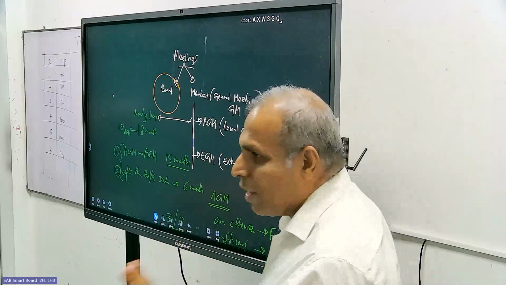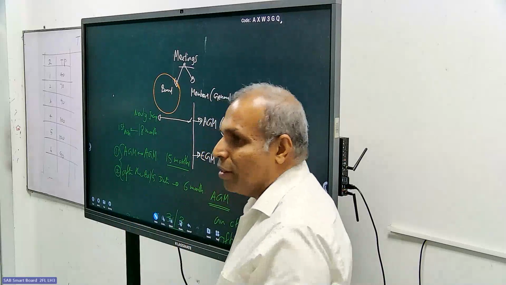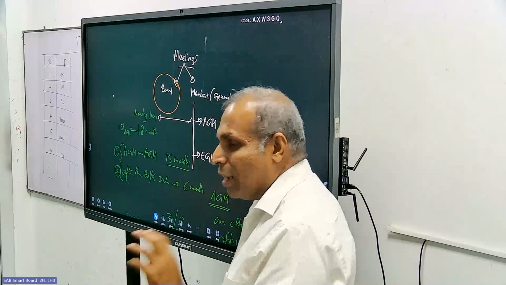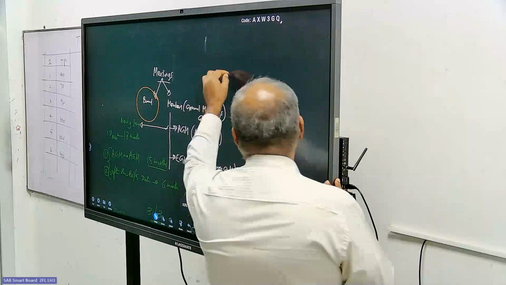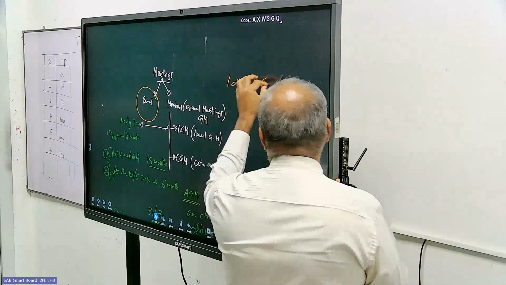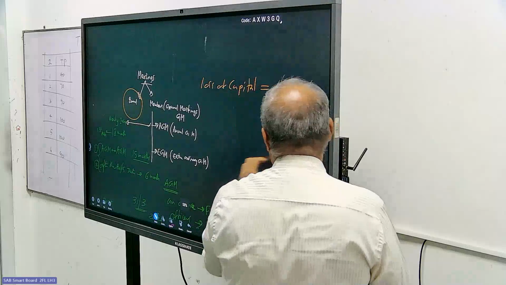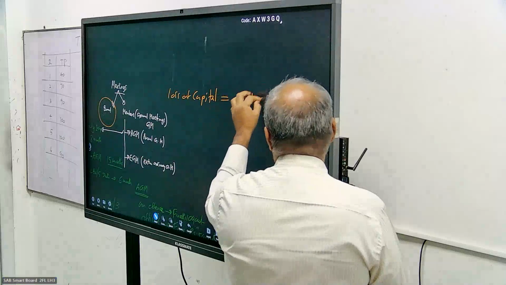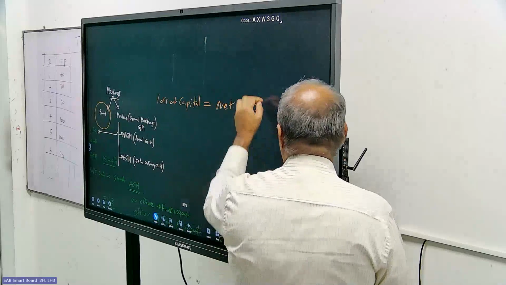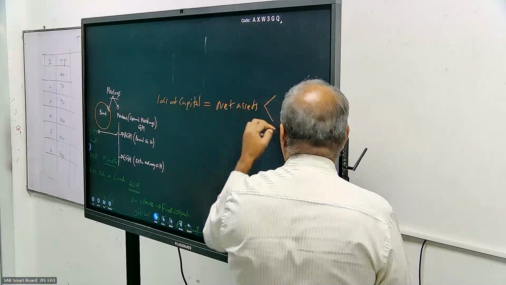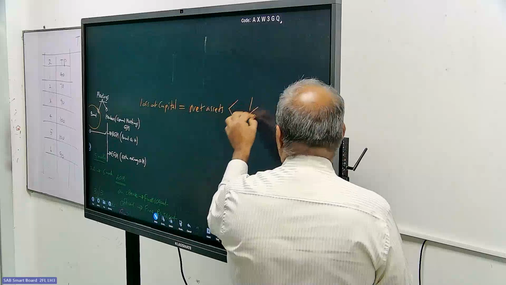Another duty we have discussed is the duty on serious loss of capital. Serious loss of capital means the value of the net assets of the company is less than half of the stated capital.